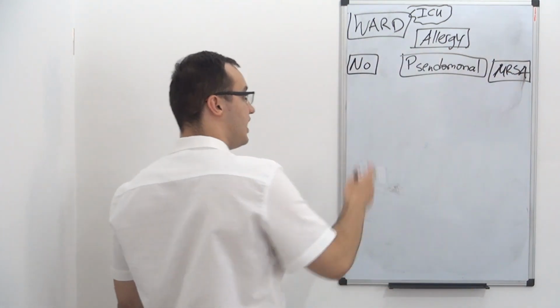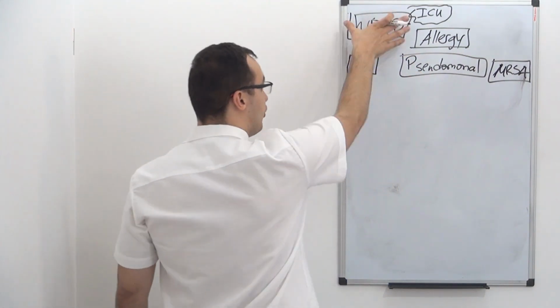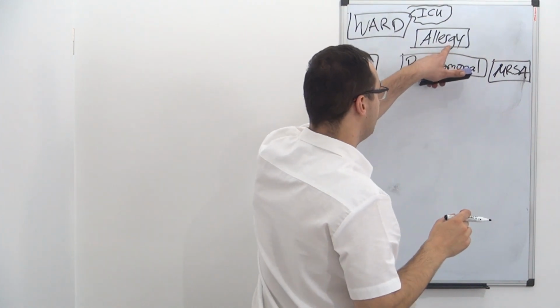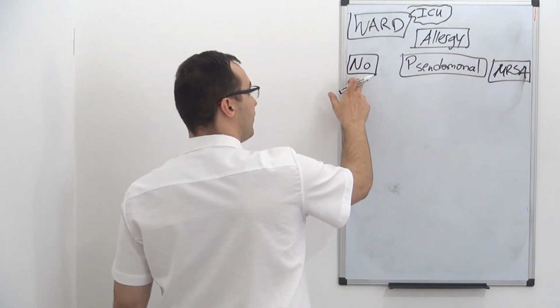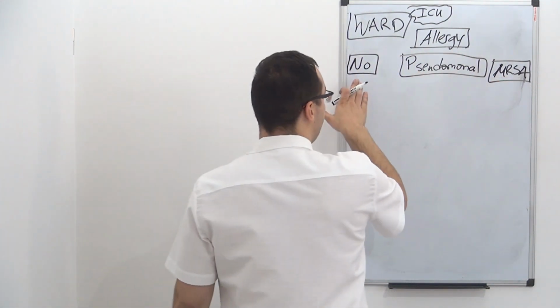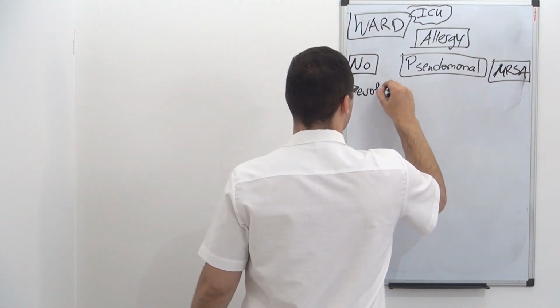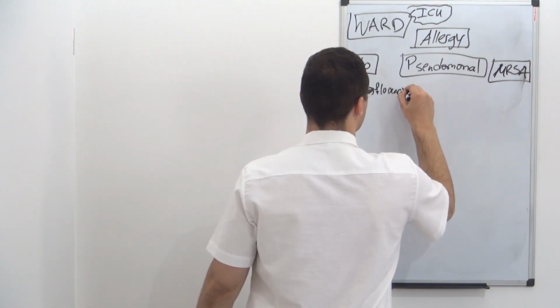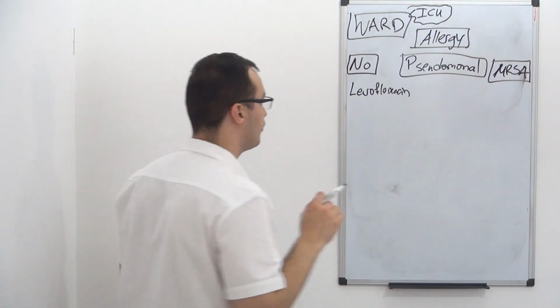So now I have divided the patients into those who are in the ward. They have an allergy to beta-lactams, and they have no risk factor for pseudomonal or MRSA. In these patients, I will give levofloxacin. And what is levofloxacin? It's a fluoroquinolone.